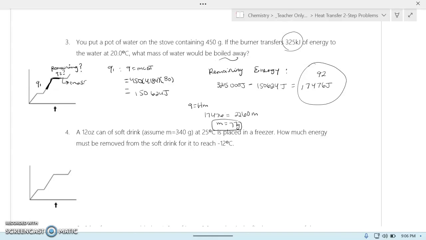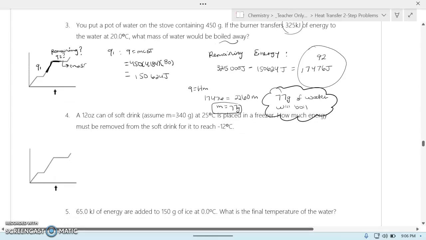So our answer here is that 77 grams of water would be boiled away. So 77 grams of water will boil. Not all of the pot of water.